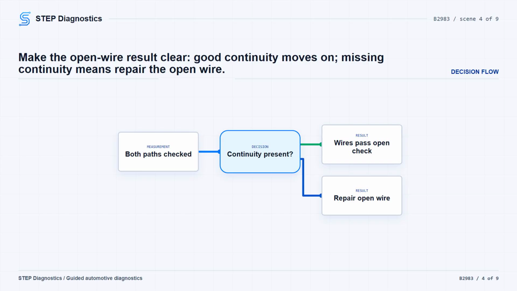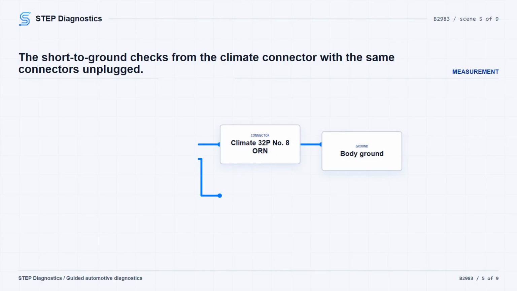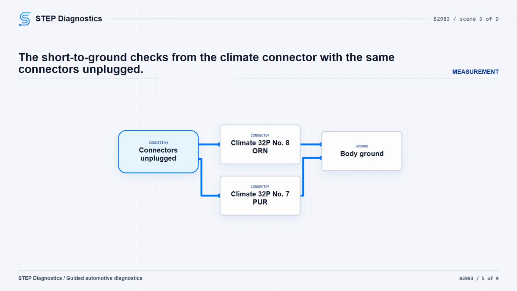If continuity is missing, repair the open in the affected wire between the climate control unit and the recirculation control motor. Now leave the same connectors disconnected and check whether either control wire is shorted to body ground. Check continuity from climate control unit 32P connector No. 7, the PUR wire, to body ground for the F/RMTR fresh line.